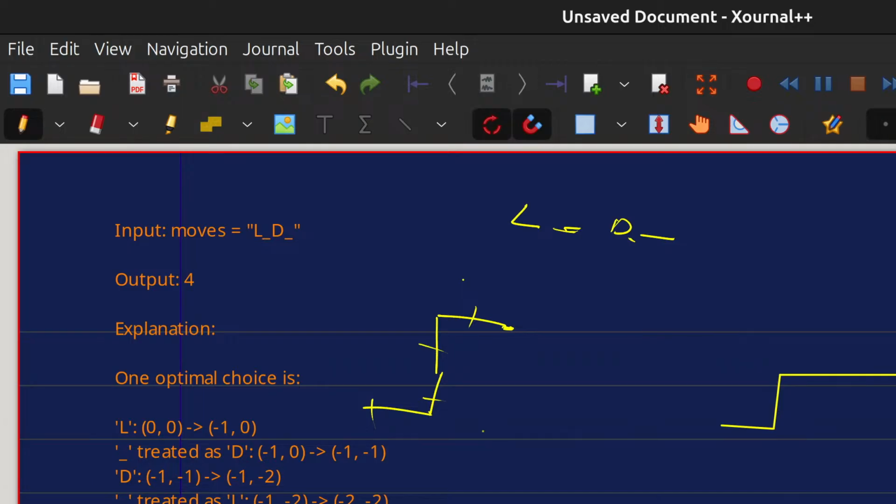Alright, so let's say we have left, right, right, right, left, right, right. Then left, right, right, right, right, then left. If it is right, right, then don't go left, right?